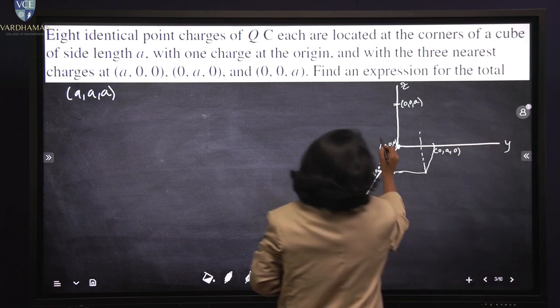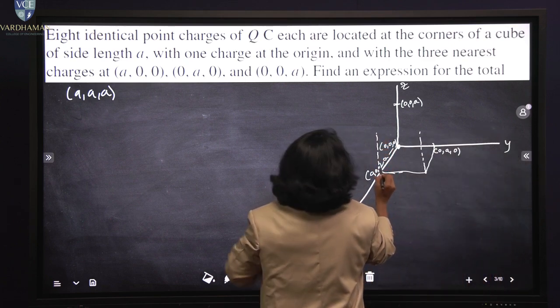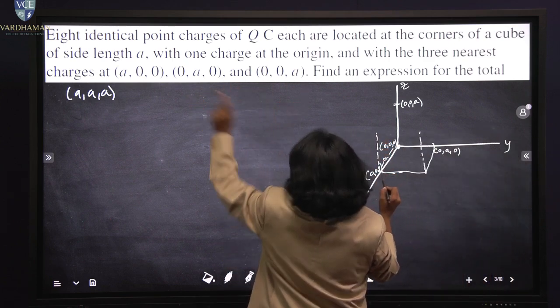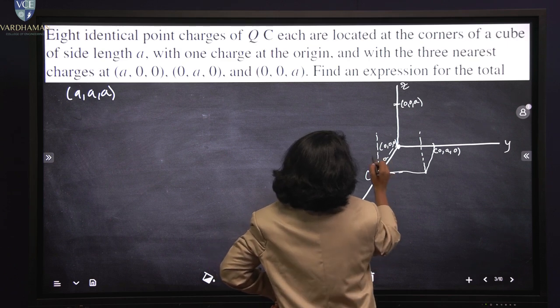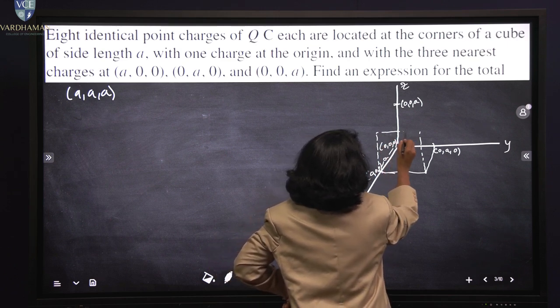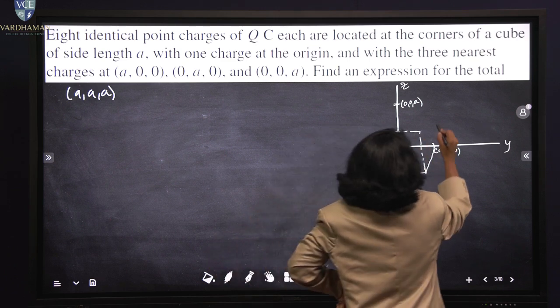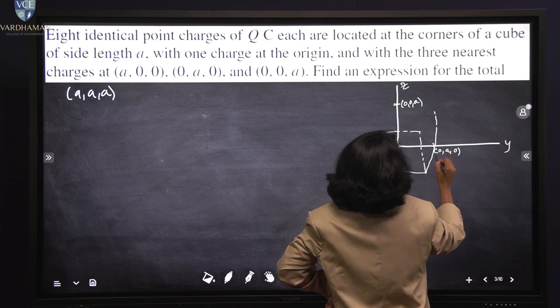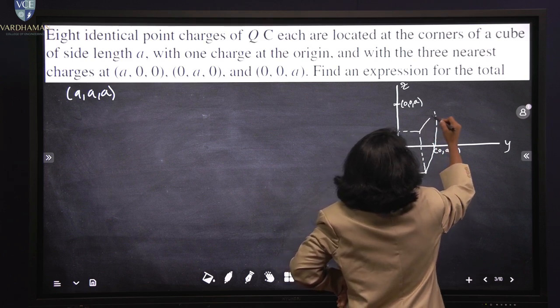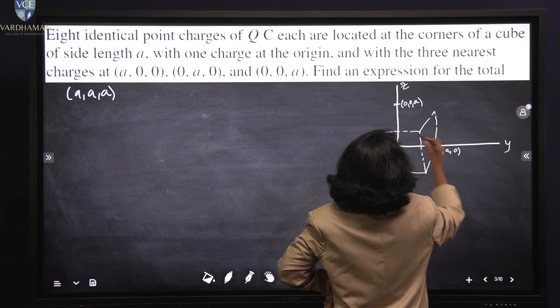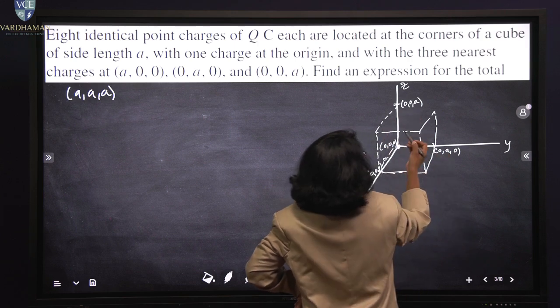In the same way, because the dimension of the cube is A, this is along z again A, this is along y A, and this also is along z A, this is along x, this is also along x.